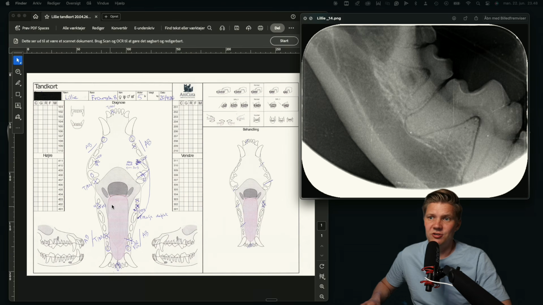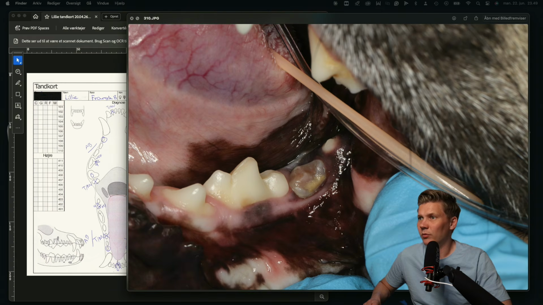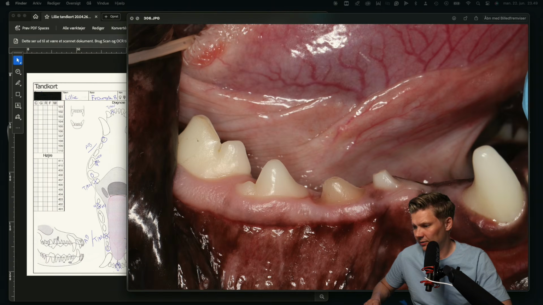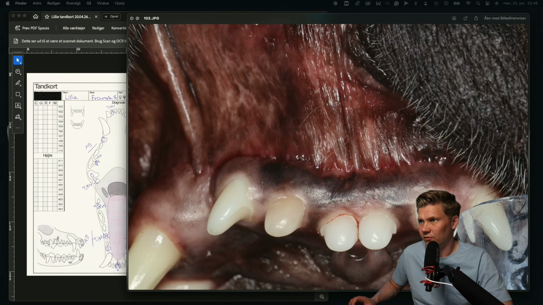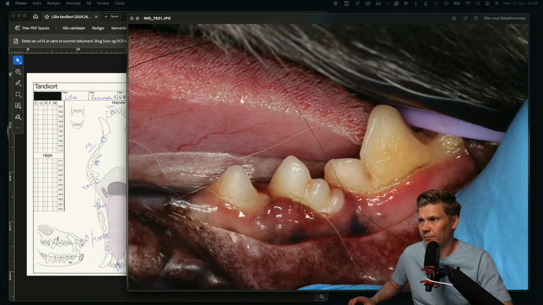You can see on the dental chart, I wrote M1. So there's mobility and 4 millimeter pockets distally and buccally. And a 4 millimeter pocket, this is 1 millimeter longer than it should be. Let's see, do I have an x-ray clinical photo of that? I don't think I have.